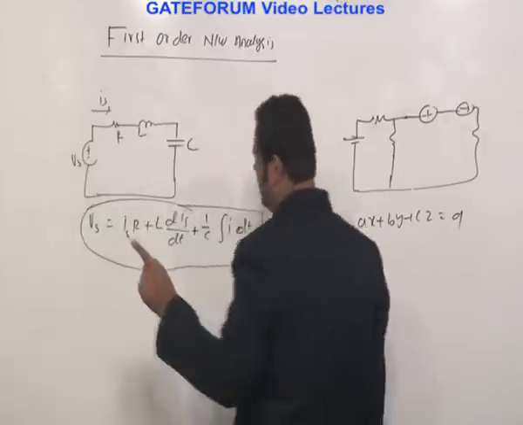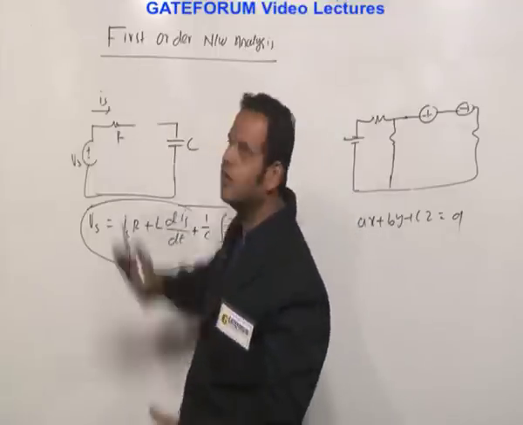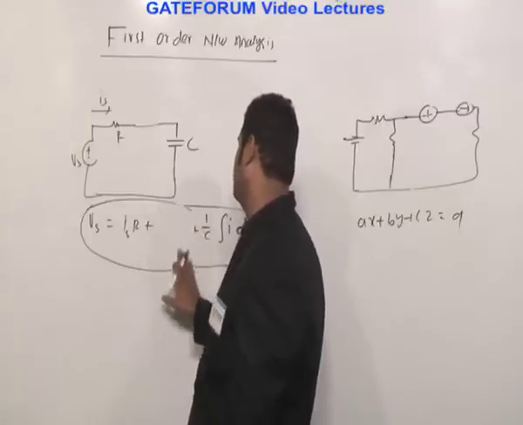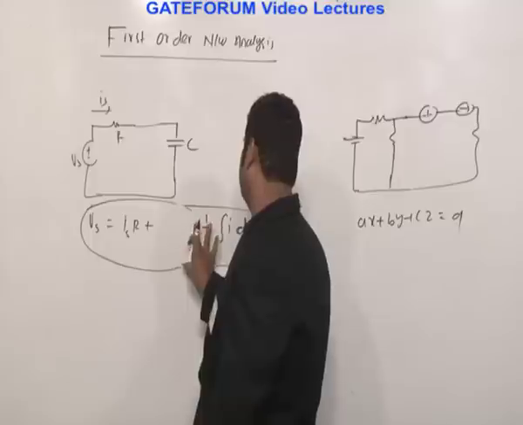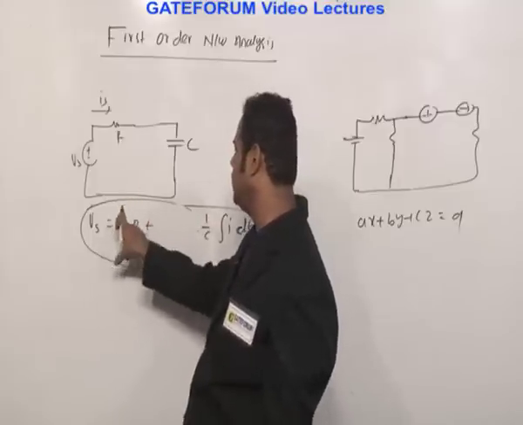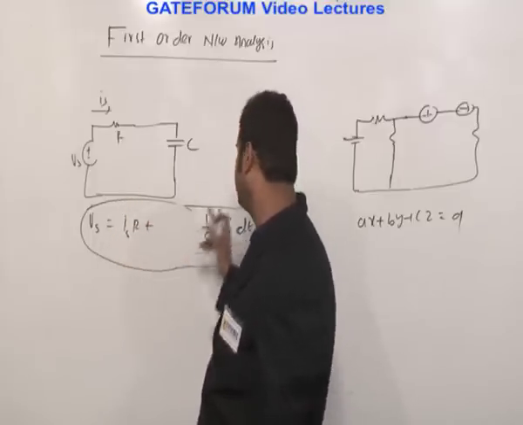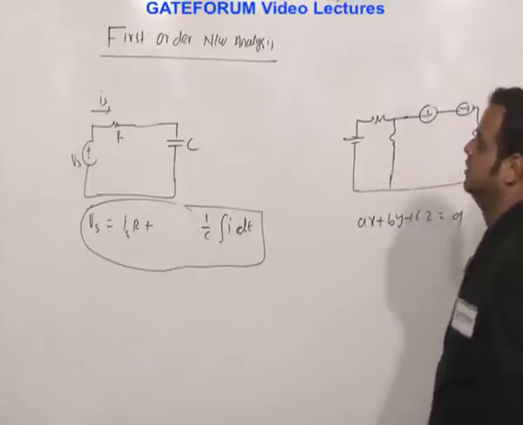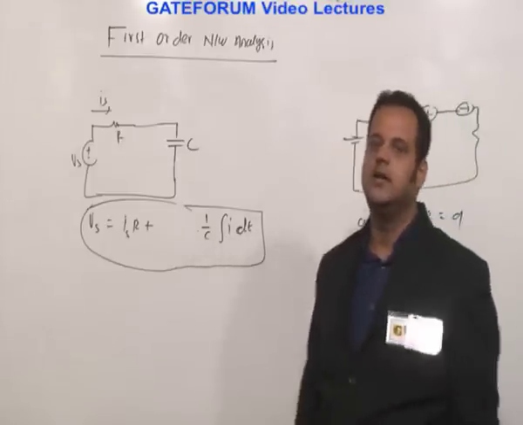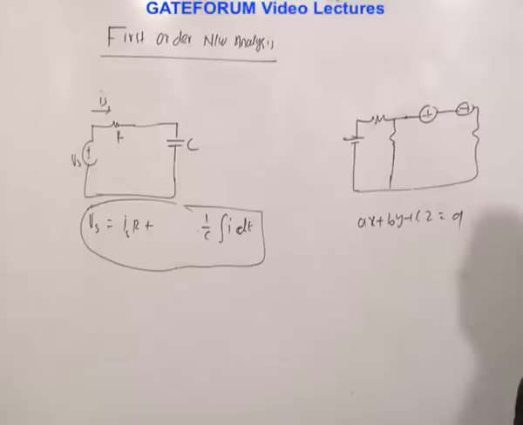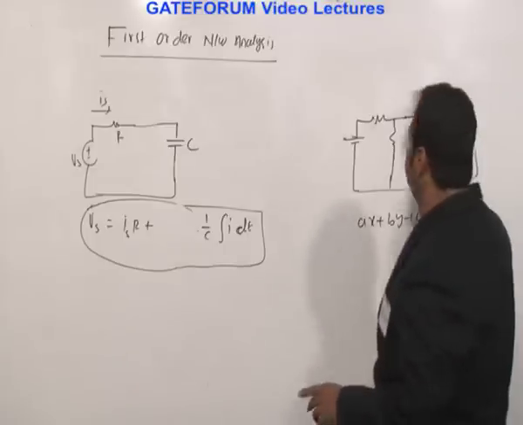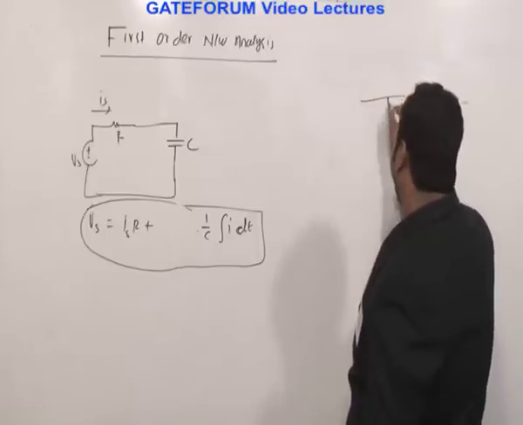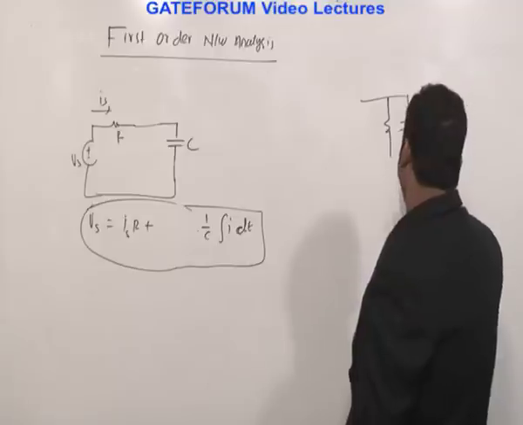In fact, what will happen if it is a series RC network, by the way? If it is a series RC network, you have this term, but it is still first order, because when you differentiate this equation now, you will have only one dI by dt term, and that of course is a first order network. So a series RC or series RL or parallel RC or parallel RL, they are first order. And of course, there won't be any change in the answer if I connect them in parallel combinations, right?